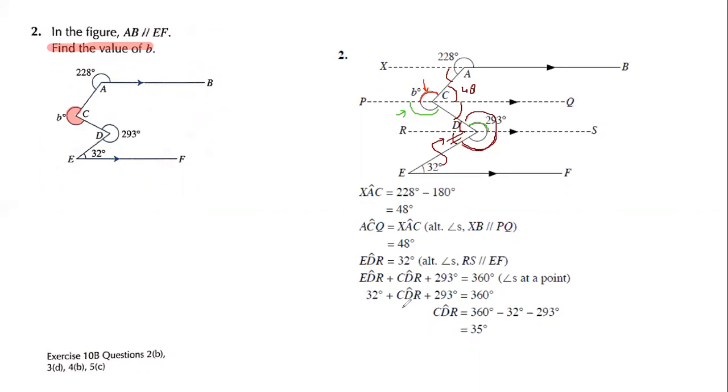So if I want to find the angle here, what we need to do is to subtract this value from 360 degrees because this makes a circle. So we can write 360 minus 293 minus 32, and this gives us a value which is 35 degrees.